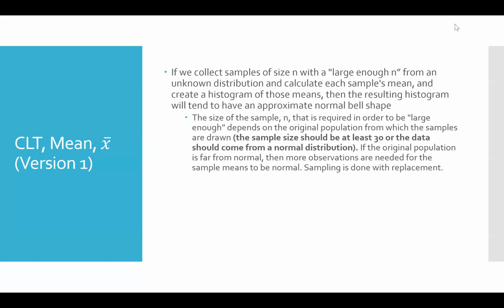So then the question becomes, well, what's a large enough n? The size of the sample that is required to be large enough actually depends on the original population from which the samples are drawn. Remember, and I don't know that we talked about it in this course, we usually do in Stat 1401, that typically a symmetric distribution begins to mimic or model the normal distribution when you reach a sample size of 30.